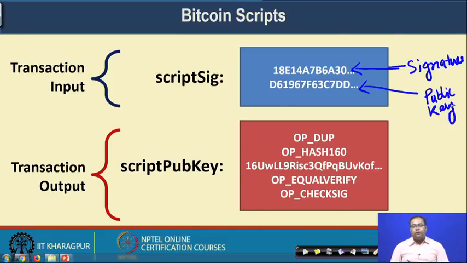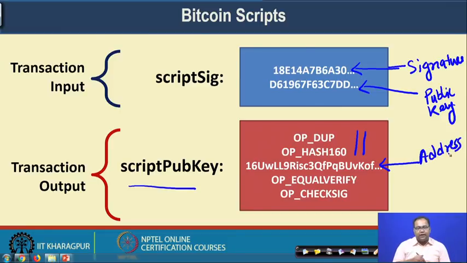So, we have the signature and the public key in the script SIG, and in the script public key you have certain operations, and then you have the address of Alice, the hash through which you are actually getting the address. So, this address is embedded inside the script.